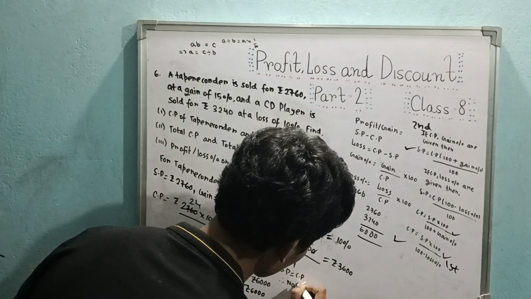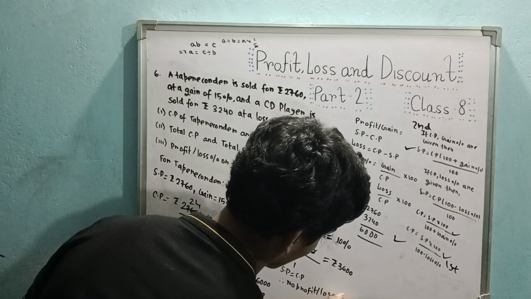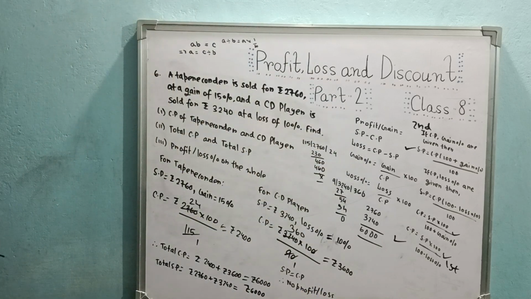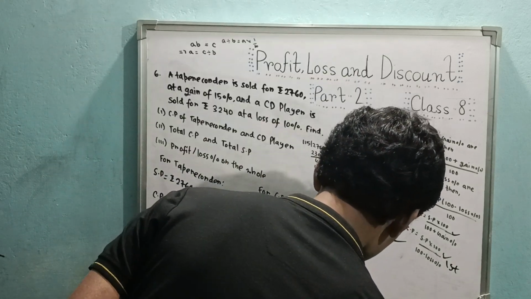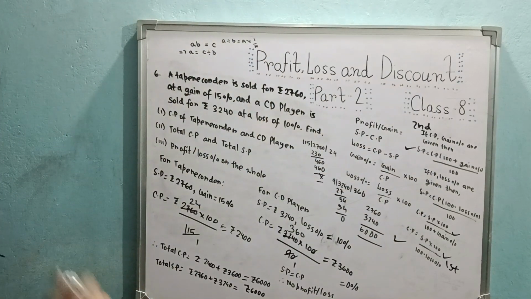Therefore, no profit or loss. The last answer, profit or loss percent on the whole, is 0%. It is just profit percent or loss percent equal to 0.